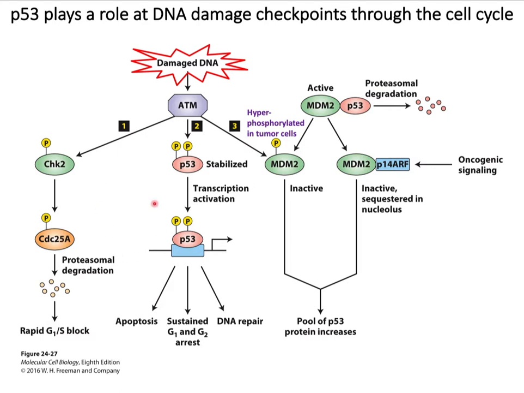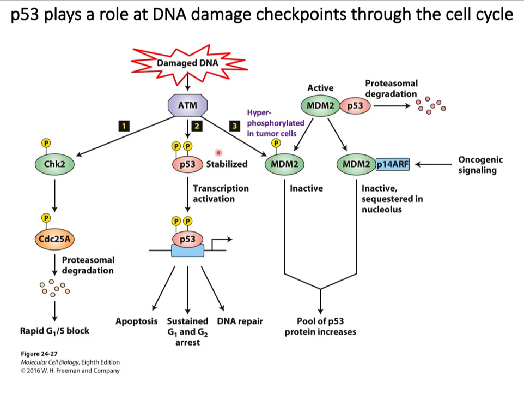And this results in a very rapid G1/S block, since CDC25A is necessary for the transition from G1 to S. So that's one way. The second way, and this is what we are focusing on here, is p53.